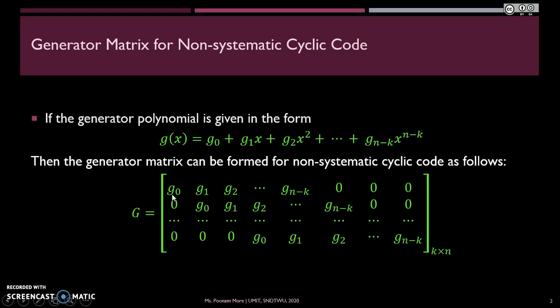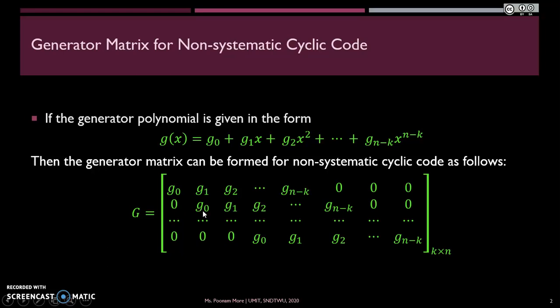Here we will first form the first row of the generator matrix by using the coefficients of these terms, that is G0, G1, G2 up to G(n minus k), such that we have the number of columns equal to n, and we will go on doing right shift to get our next row.